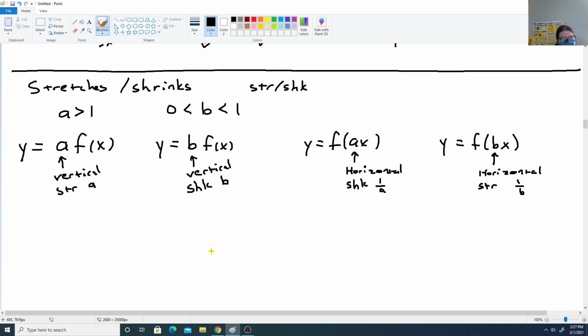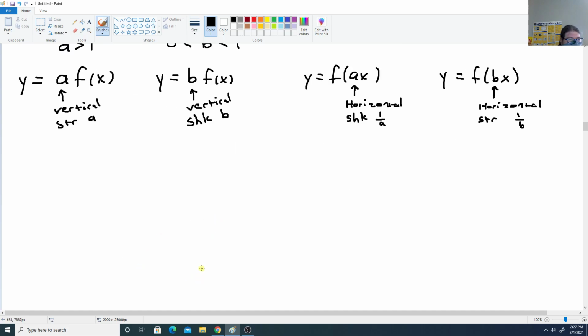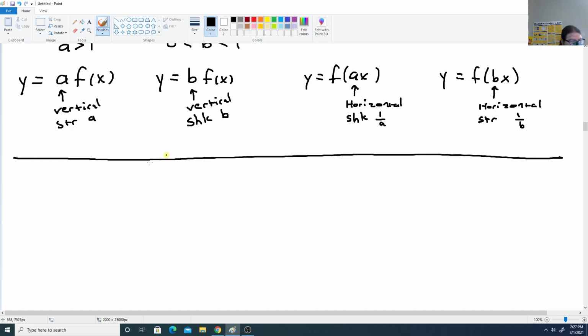So we're going to do a quick couple of these just to see what a horizontal and a vertical stretch look like. Part A, we want to do y equals 2 absolute value of x. Part B, we want to do y equals 3x squared.